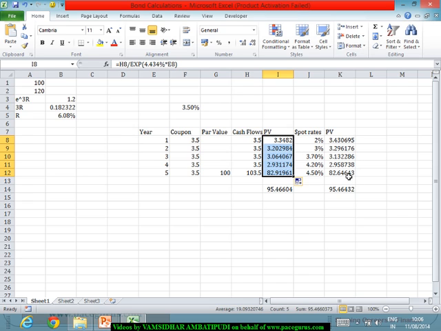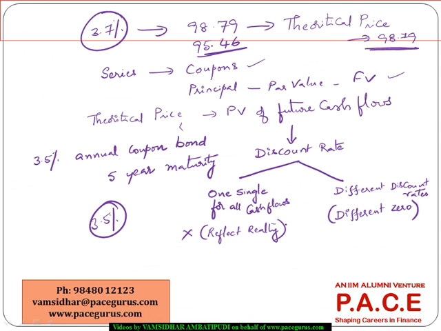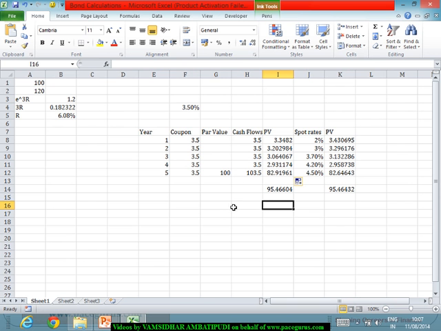So which means if I had taken the zero coupon bond rate as 4.435%, as the interest rate for this entire period, if I had to use the one single interest rate for this entire period, then I should have used 4.435%.